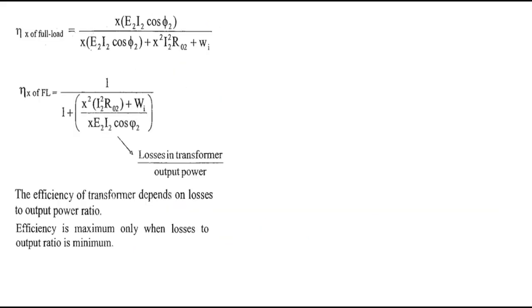And we all know this is the efficiency formula, and from this we write the equation like this. We divide this equation by x E2 I2 cos phi 2 in numerator and denominator.